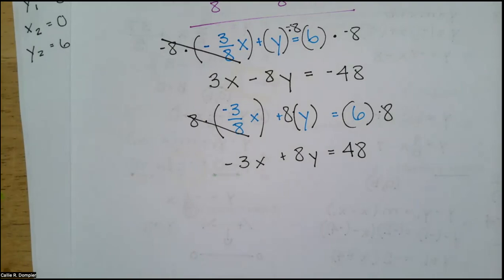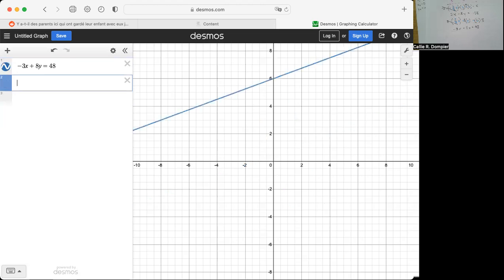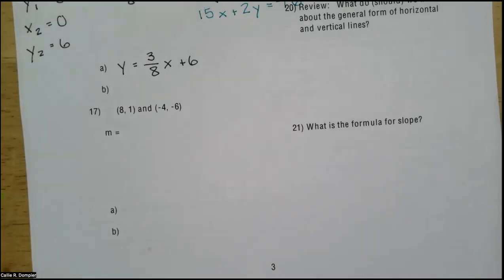Watch. Those will be the same line. Negative 3x plus 8y equals positive 48. It's going to be the same as 3x minus 8y equals negative 48. Good. Those are both in standard form.